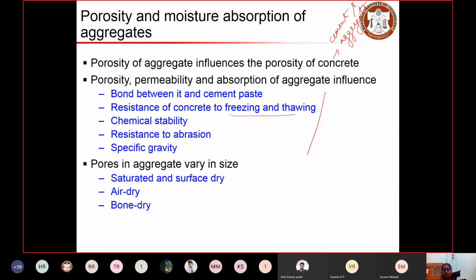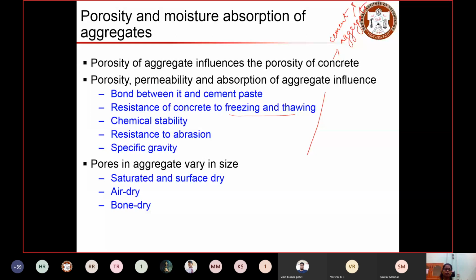And then we have chemical stability. That again involves the dimensional stability and the reactivity of the aggregates. We get aggregates from different sources, from different types of rocks, so the mineralogical composition will be different for different aggregates. Certain minerals are reactive in nature.